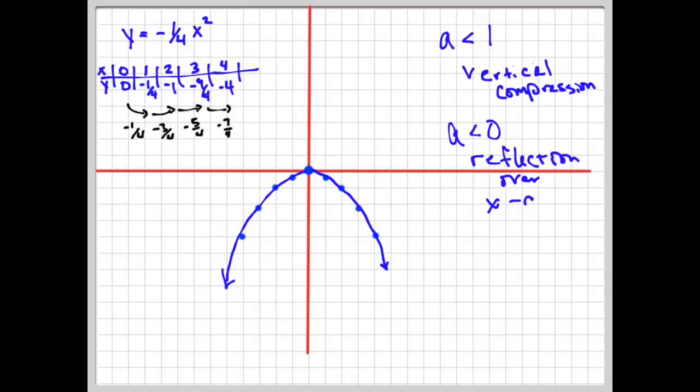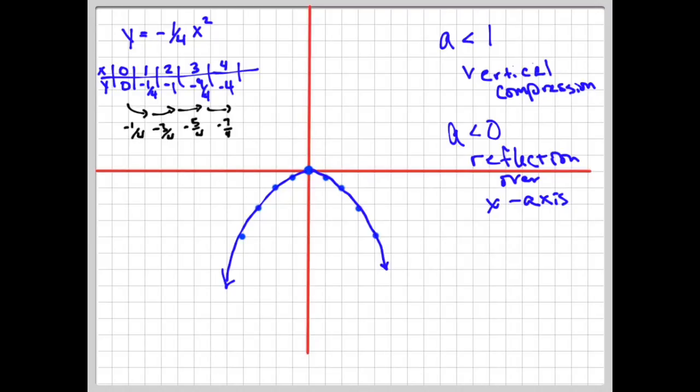It flips upside down. Okay. So the number itself, the 1/4, is smaller than 1, so it's a compression. And then since it's negative, it's also a reflection. Make sense?